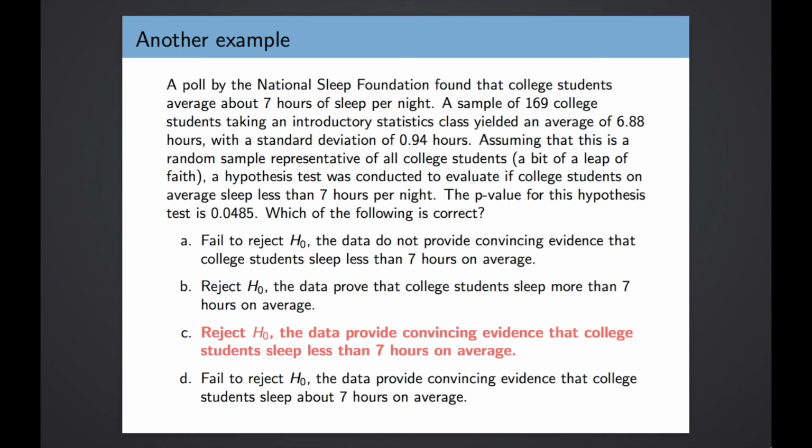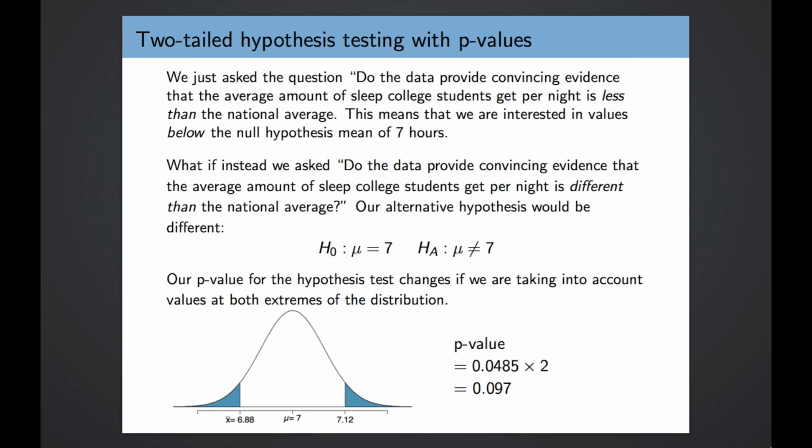So we find a p-value of 0.0485, which is less than our traditional cutoff of 0.05. So we're going to conclude that college students do sleep less than 7 hours on average, and we're going to reject the null hypothesis.